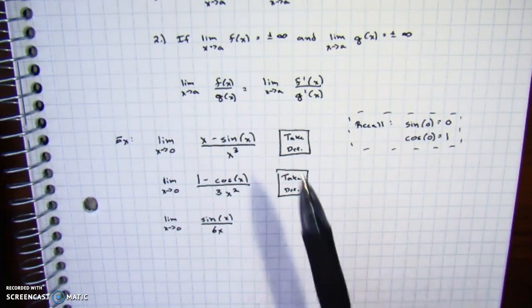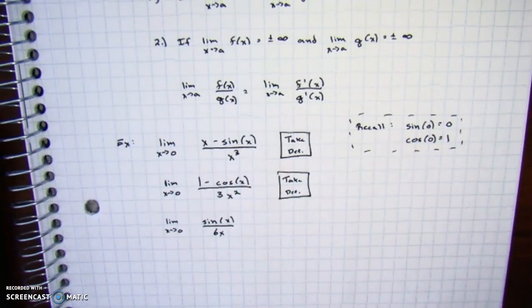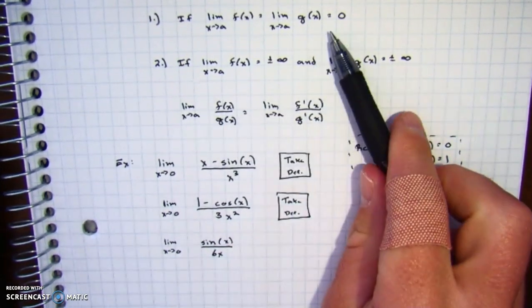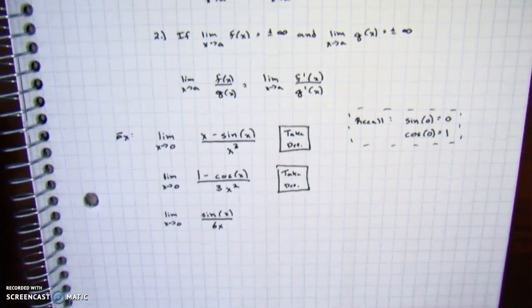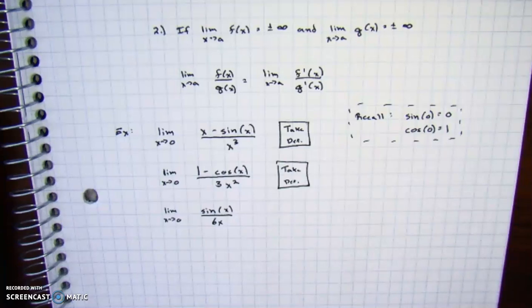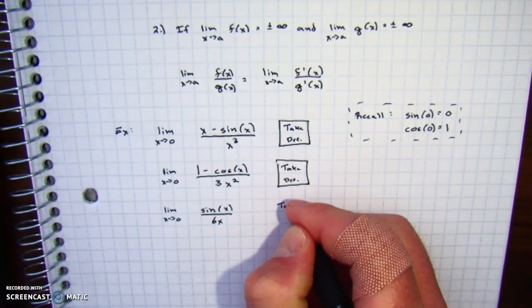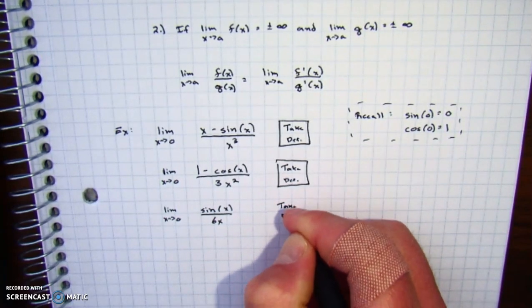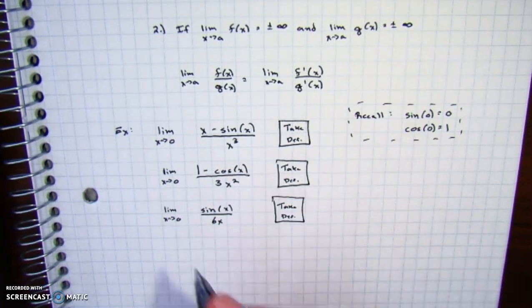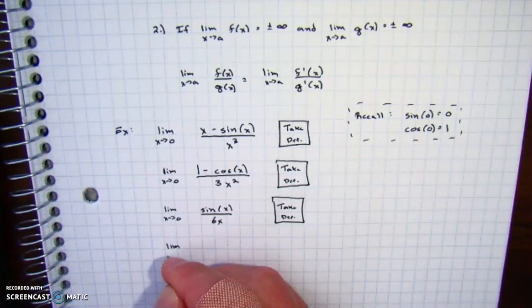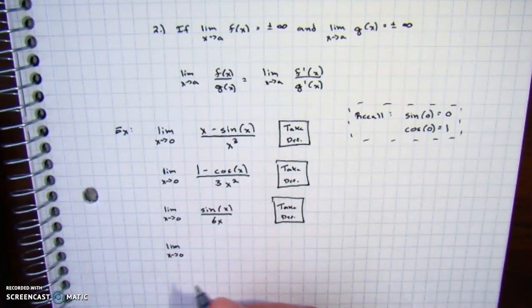But good news, the first condition is still met. So I met the condition here, and here again. So I can use L'Hopital's rule again. I'm going to do this one more time and take the derivative. In this case, the limit as x approaches 0.